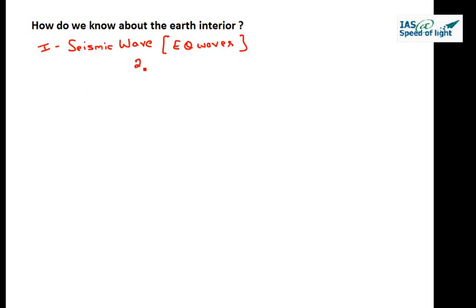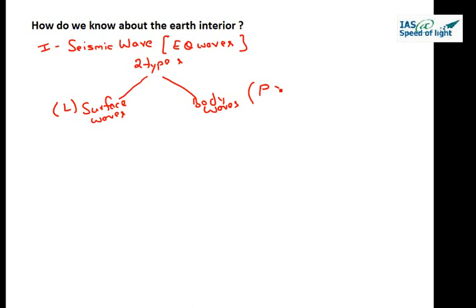Broadly, there are 2 types. One we call surface waves, and second the body waves. Surface waves we call L waves, and body waves we call P and S waves.